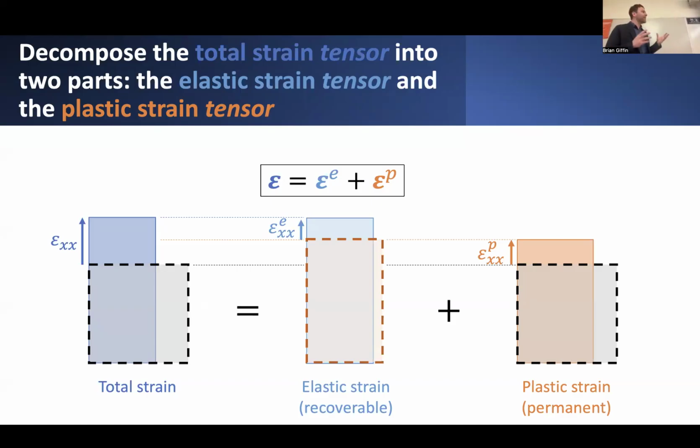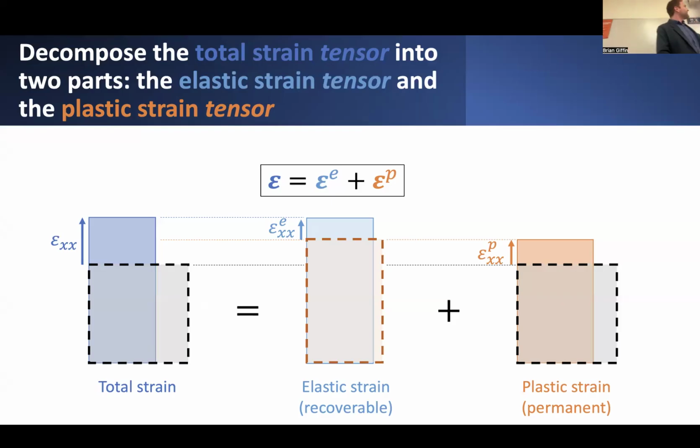The intuition behind what these different measures of strain represent hopefully is somewhat straightforward. Suppose you had some initial configuration of a perfectly square block, and it's subjected to some total amount of deformation. The total strain is the strain that you would actually see and be able to physically measure if you were to run an experiment and observe how much deformation is occurring. So the total strain is the strain that you actually see, and these other measures of strain are somewhat fictitious.